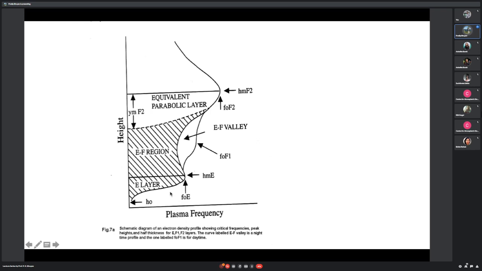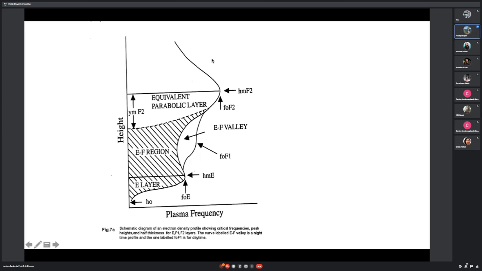If it is transmitting at 4 megahertz, 3 megahertz, all these will come back, reflected from this, because they cannot penetrate. But if it increases beyond 5 megahertz, then it will pass. It will penetrate that layer and go up. So that way you get the critical frequency of the F1 layer, you get the critical frequency of the F2 layer.